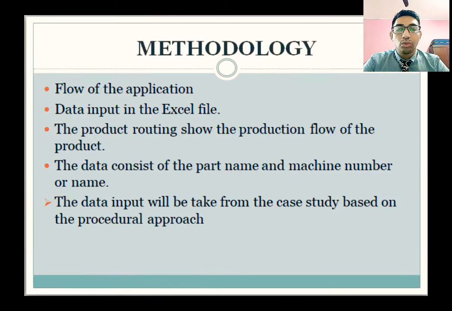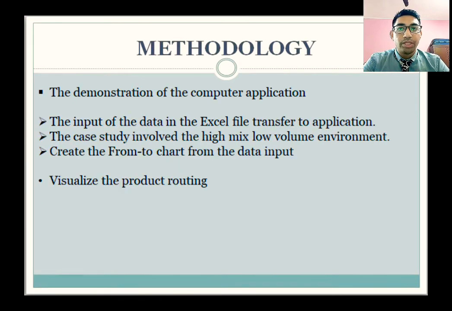To achieve objective 2, we develop a computer application and write the programming code, with data input creating the from-to chart. For objective 3, we do the evaluation and demonstration of the computer application.